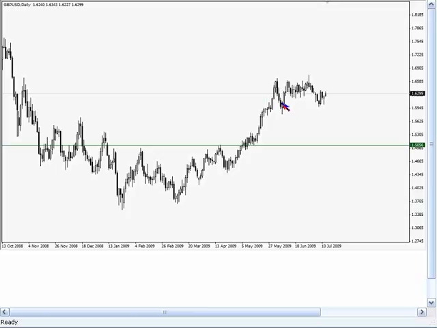And that's what we got here, where we had a pullback here and then just some sideways movement. Now the market actually tried to pick a direction, it looks like, to the short side.